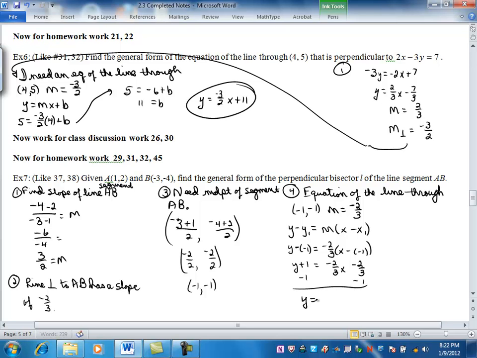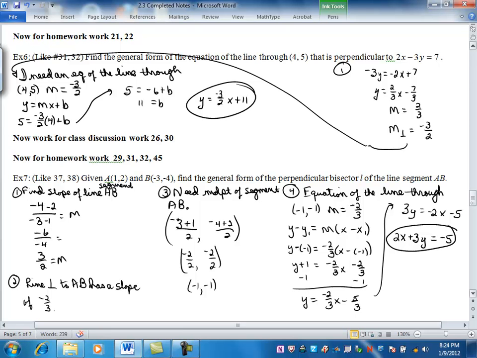Y equals -2/3 x minus 5/3. So what do we have? 3y equals -2x minus 5. Remember, we want this in the general form, so I'm going to add 2x to both sides. 2x plus 3y equals -5.